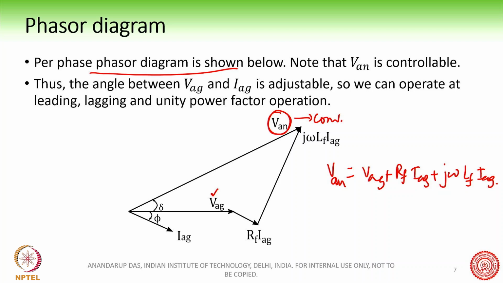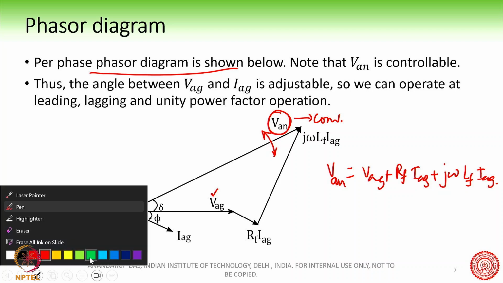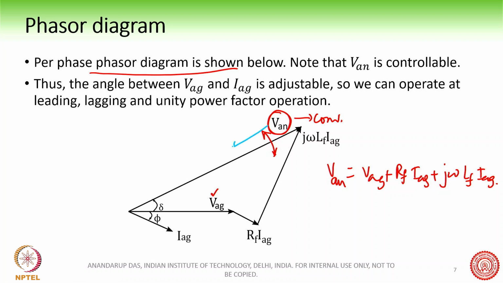So we can move this VAN voltage this way, clockwise or anti-clockwise. We can also reduce the size of VAN. So we can adjust this delta angle, and we can also change the length of this phasor, right?